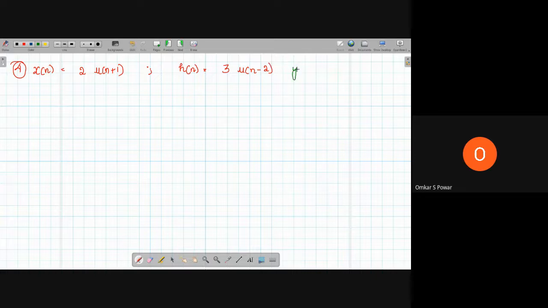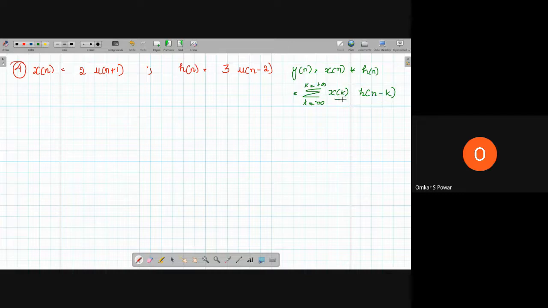So y of n is equal to x of n convolution h of n, for discrete time. So this is summation k varies from -infinity to +infinity, x of k into h of n minus k.